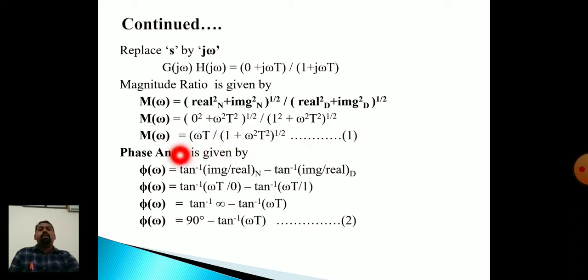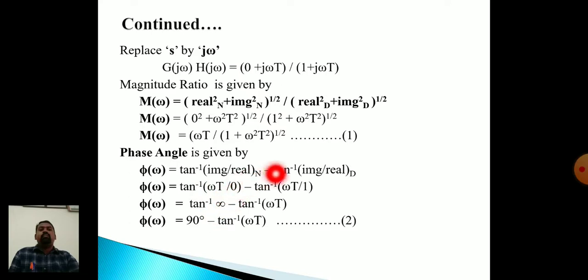Similarly the phase angle, phi of omega, equals tan inverse of imaginary by real of the numerator minus tan inverse of imaginary by real of the denominator. Here, for the numerator, first take the imaginary part omega t divided by the real part 0. Anything divided by 0 is infinity, so tan inverse of infinity.